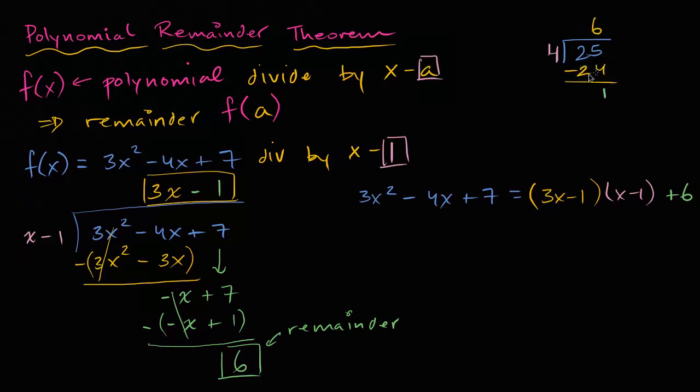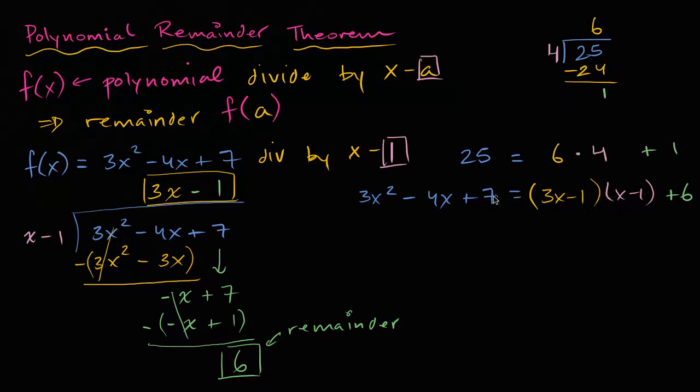Or another way of saying this is you could say that 25 is equal to 6 times 4 plus 1. And so we just did the exact same thing here, but we just did it with expressions.